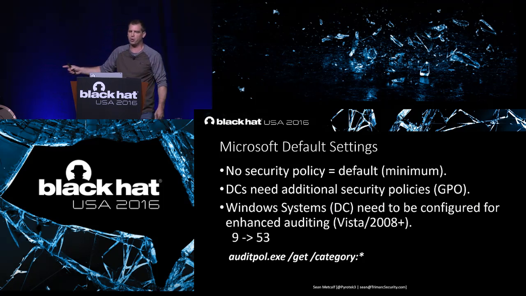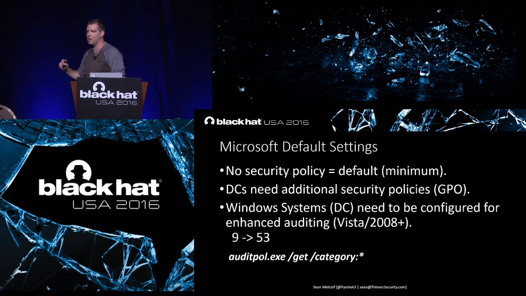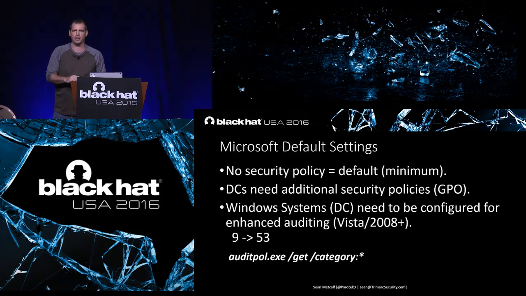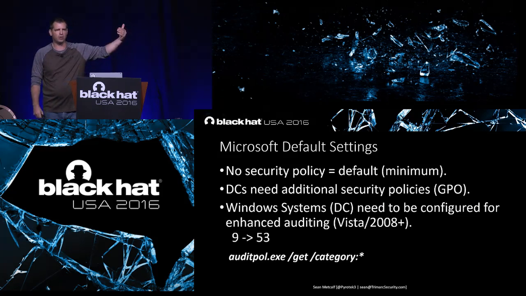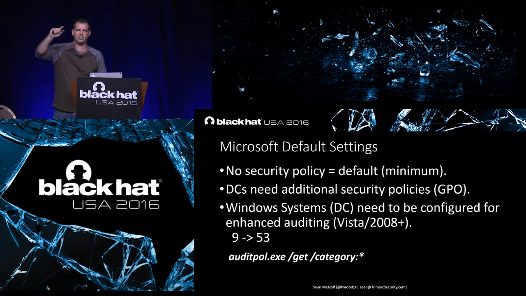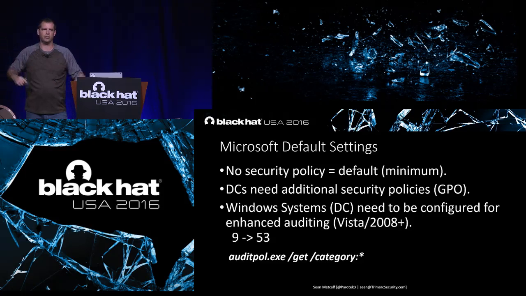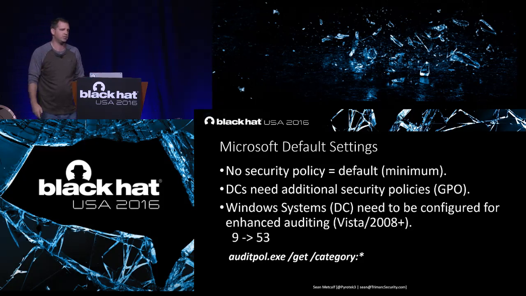You can run this auditpol command to get good information about how auditing is configured on that system. One caveat here, if you think you've enabled subcategory auditing, but you have standard auditing already configured in your environment, and you haven't checked the box in group policy that says override the setting to use subcategory auditing, you're still using the standard auditing and only getting those 9 categories.